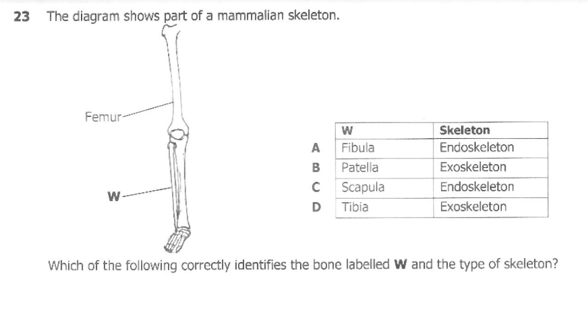D, tibia and exoskeleton. So we know this is a mammalian skeleton, that means it's an endoskeleton. If we use the elimination method, which is also advised in the examination, we remain with two answers, A and C. One thing we know about C is the scapula is found in the arm and this is the leg.